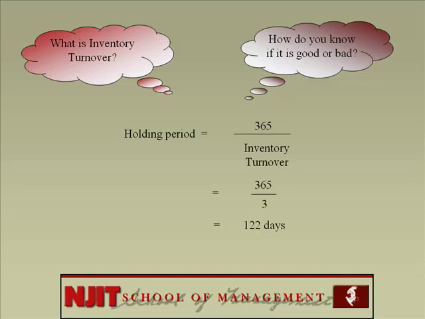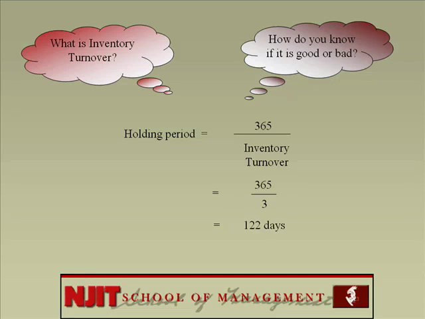Cost of goods sold for 2004 is 415,000. Average inventory, the denominator is beginning inventory for 2004 plus ending inventory divided by 2, which is 84,000 plus 70,000 divided by 2, you get 5.4 times.